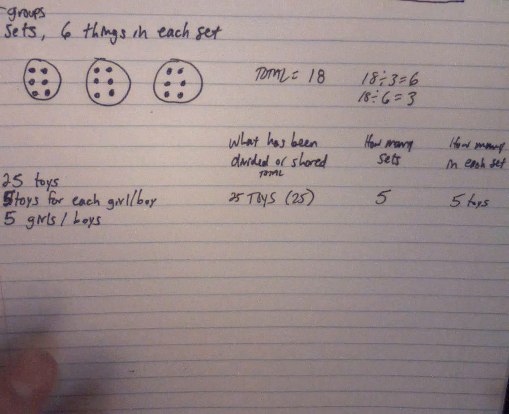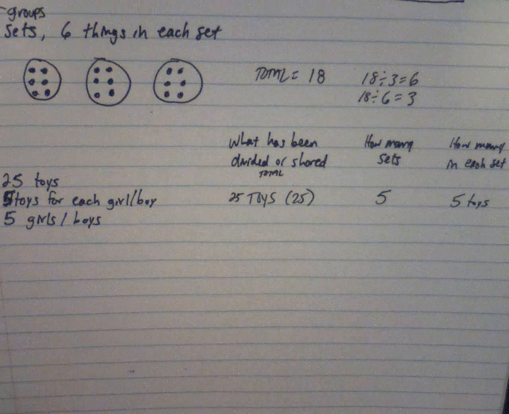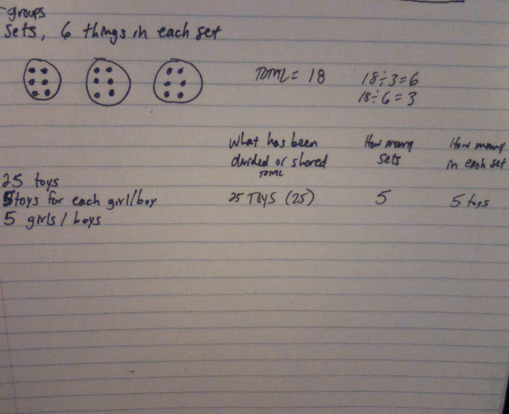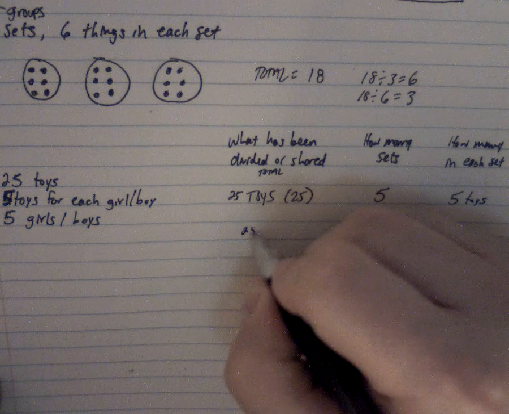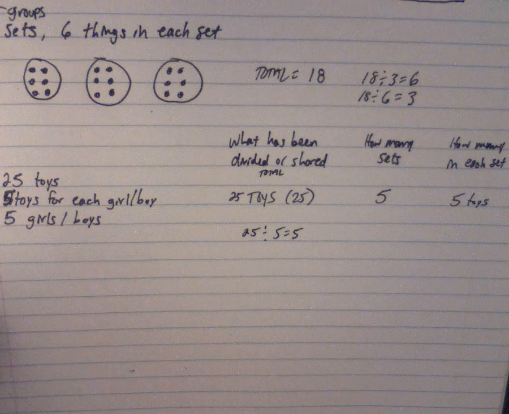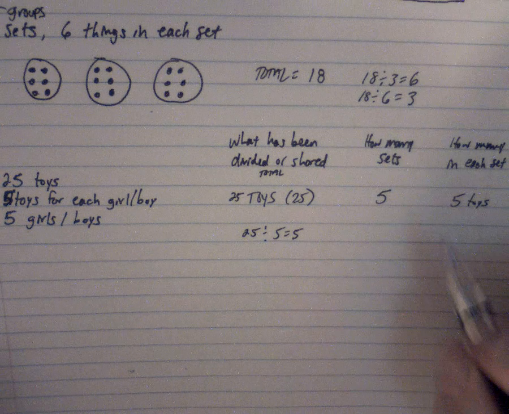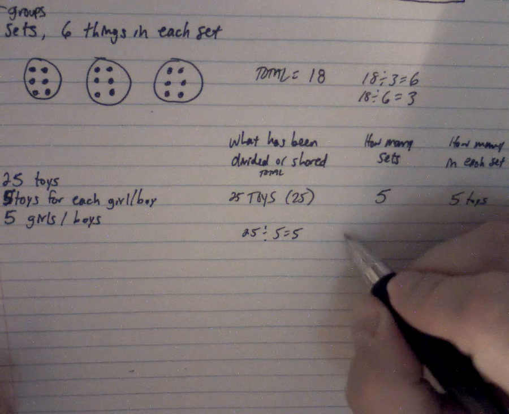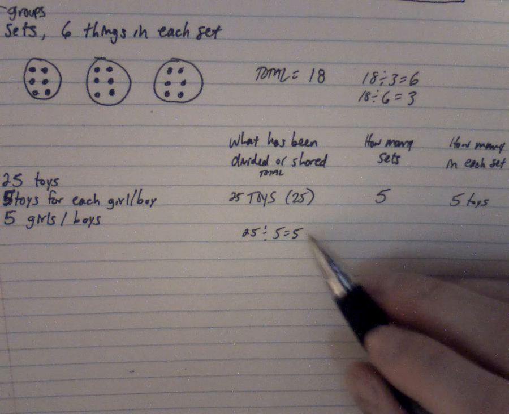Basically, if we do the division, we know we have 25. If we divide it by 5, either way, we're going to get 5. How do I know that? The opposite of division is multiplication.